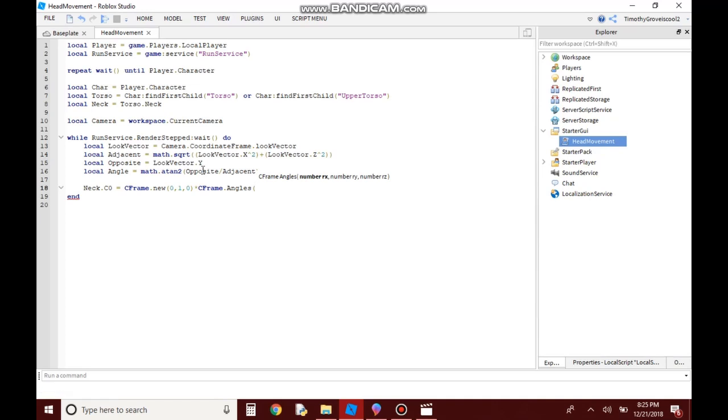If I remember that correctly, it's pitch component. So it's angle, and then we can just do 0, 0. So if we did everything right, this should work.